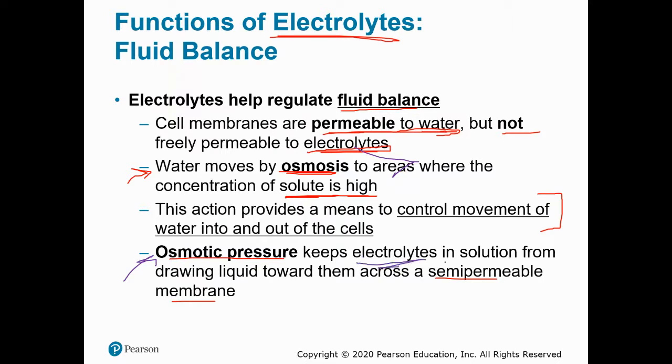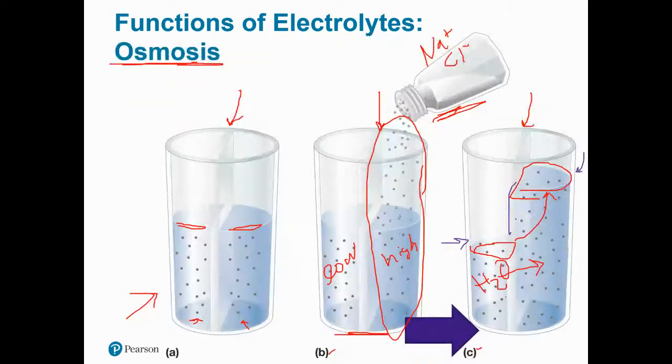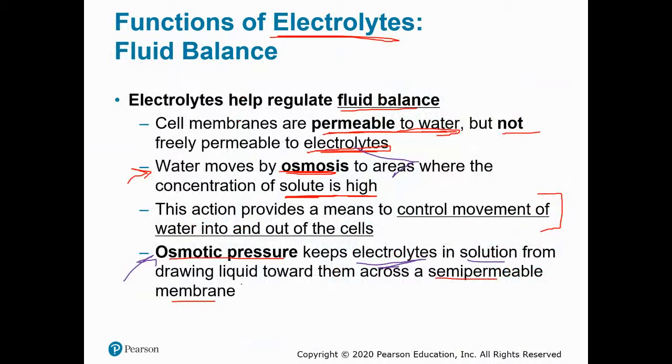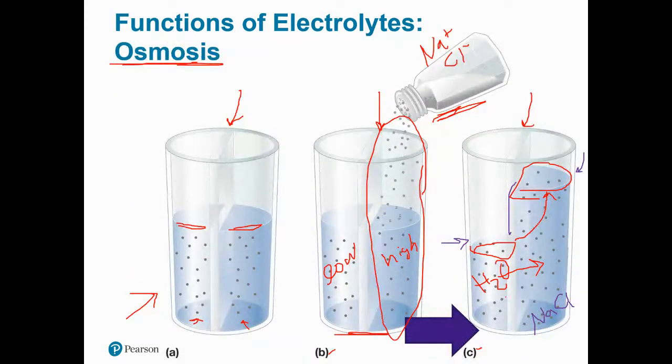Because there are so many electrolytes in the solution on the right side, there's so much sodium chloride over here that it actually holds the water, even though there's a membrane that water could pass across. So this osmotic pressure keeps the water there because there's enough electrolyte there to hold the water. So it's osmosis and osmotic pressure.